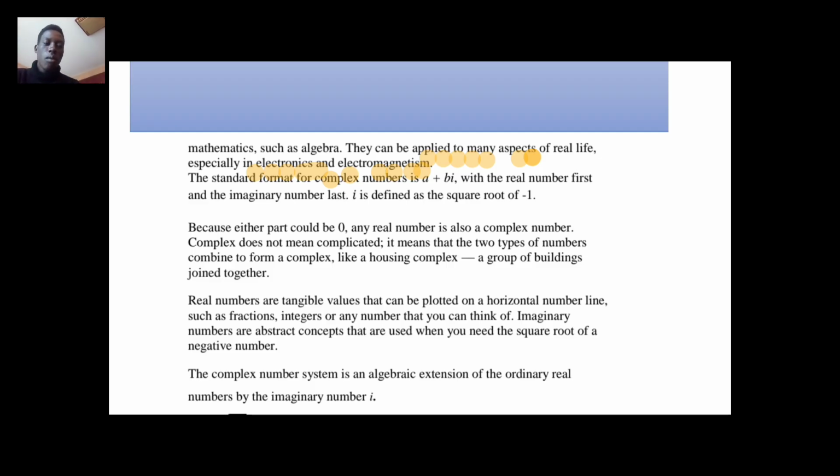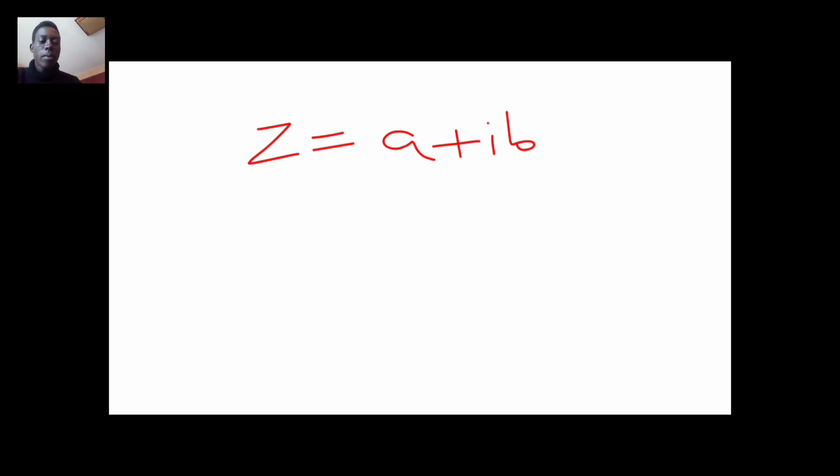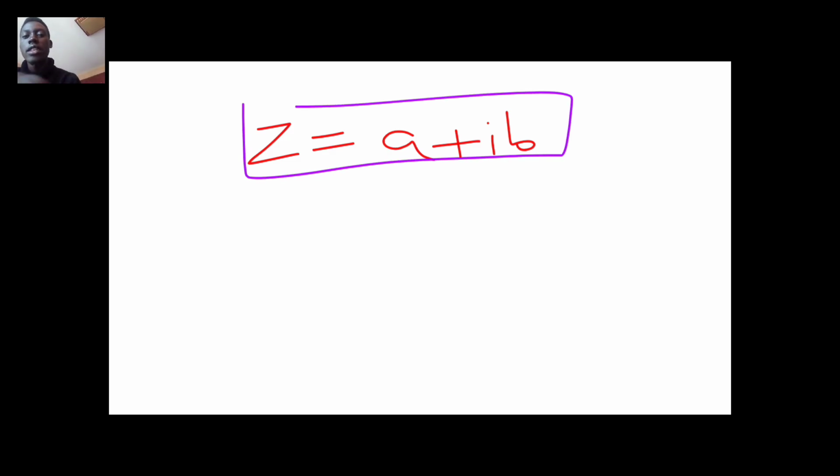So the standard form of a complex number is a plus ib. Don't forget this form of a complex number.